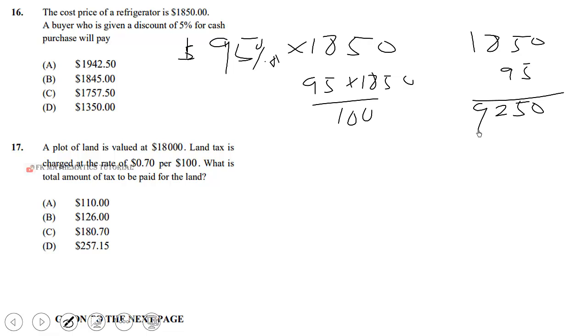Then 9 times 0 is 0, 9 times 5 is 45, so 5 carry 4. 9 times 8 is 72, plus 4 is 76, carry 7. 9 times 1 is 9, plus 7 is 16. So this will give us 0, 5, 7.